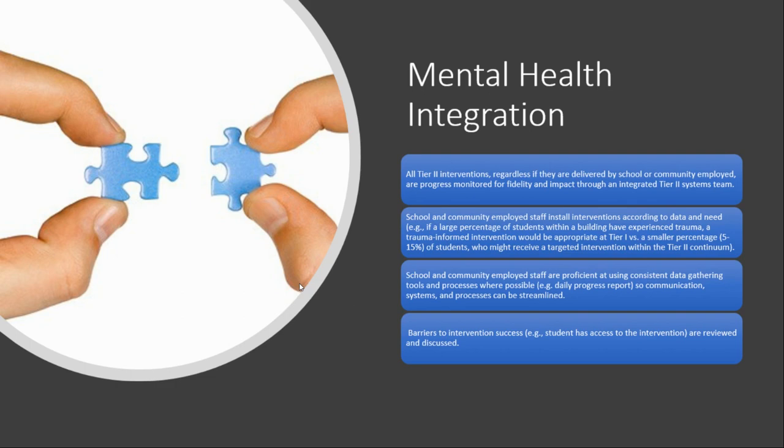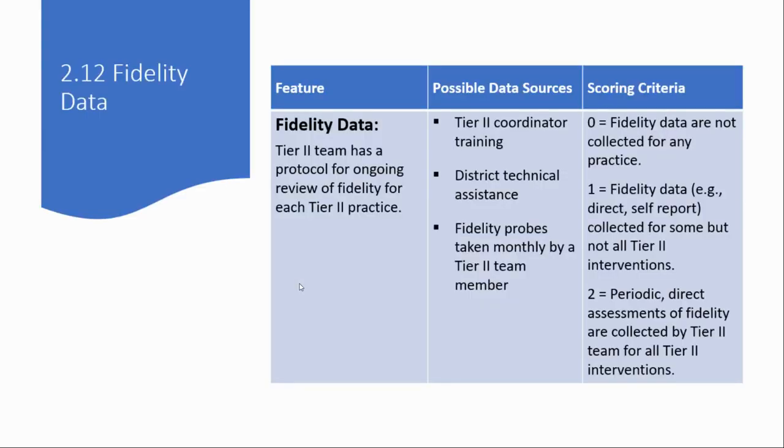Barriers to intervention are reviewed and discussed. So we want to always be looking at what could possibly be a reason why a student is not receiving or responding to an intervention, and what we need to do to ensure that those interventions are more valuable.